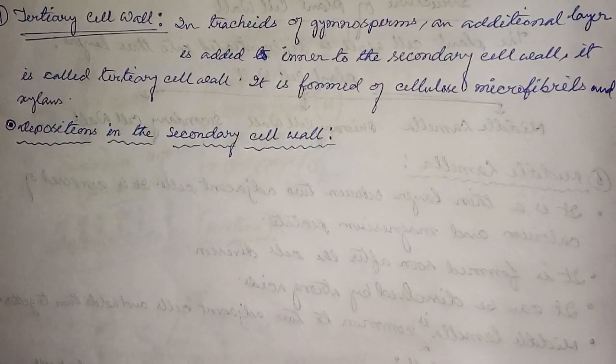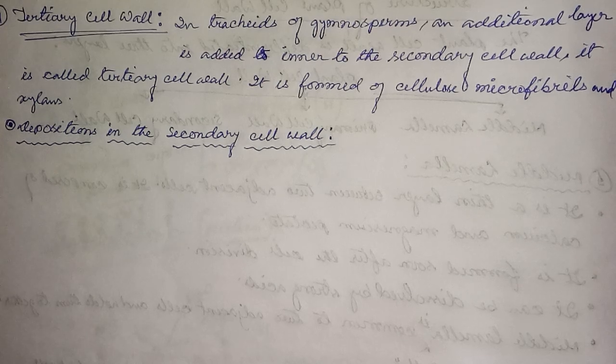Certain additional materials are deposited in the secondary cell wall for specific purposes. These depositions are: number 1, lignin.